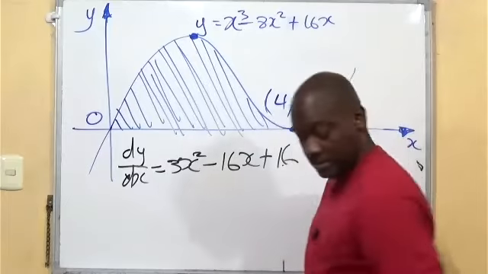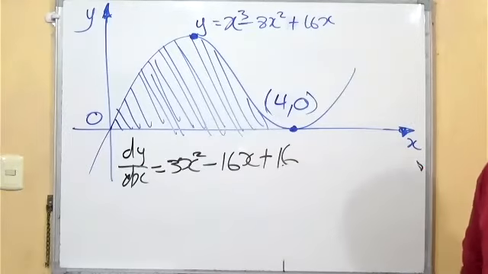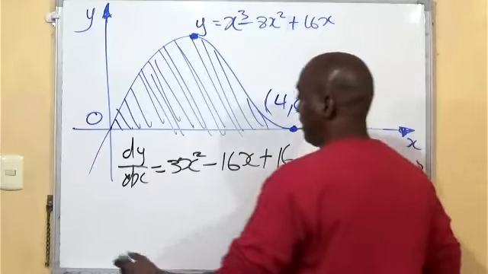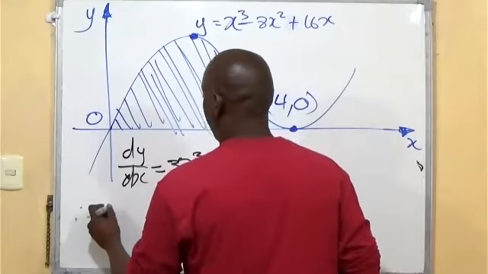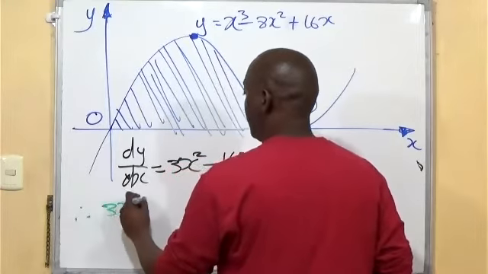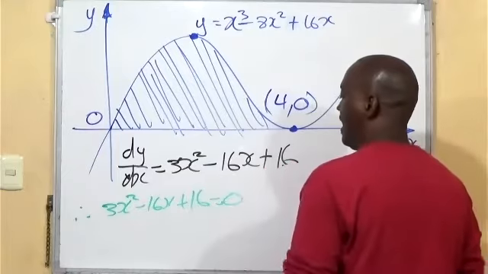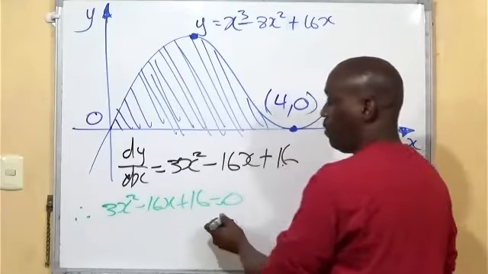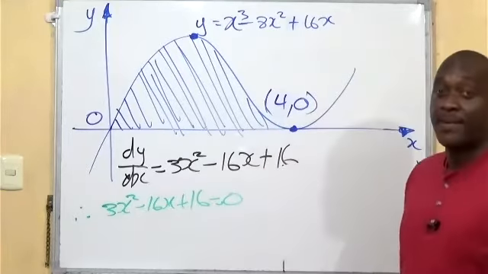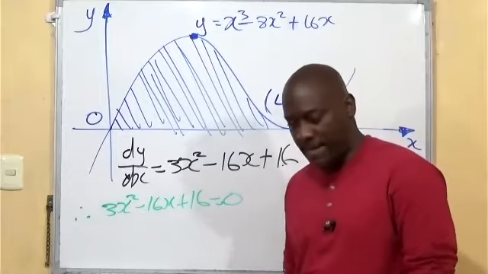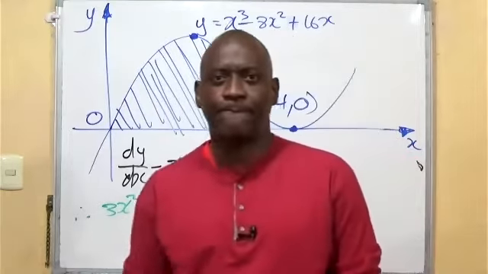So in other words, let me change the color to mark the fact that we skipped a couple of lines there. Therefore, 3x squared minus 16x plus 16 is equal to 0. Woohoo! Factorization. Question 2. Maths. Algebra.